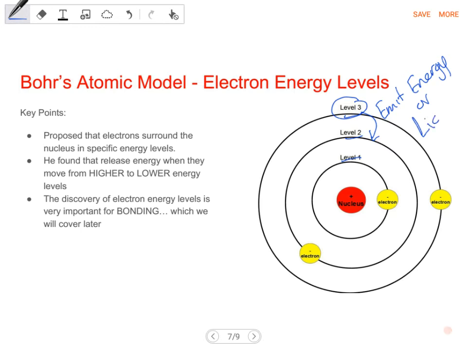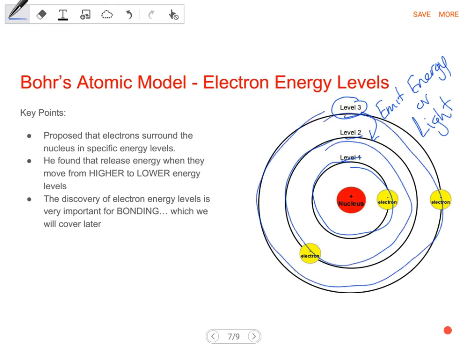And this actually is proven to be true. You'll learn about this more, I believe, in physics. Anyway, the fact that we have electrons in these energy levels was a huge development and helped us understand why bonding occurs. So as you can see right here, you have a positive nucleus with the negative electrons in energy shells, energy levels around the atom.